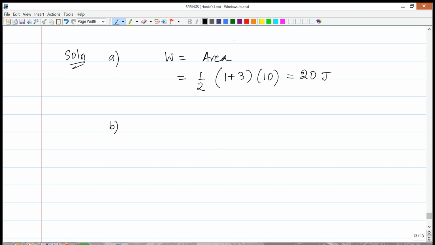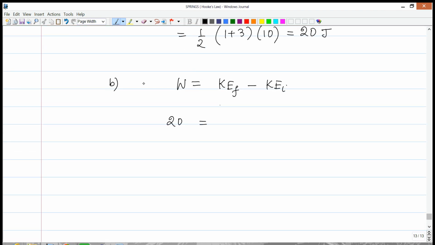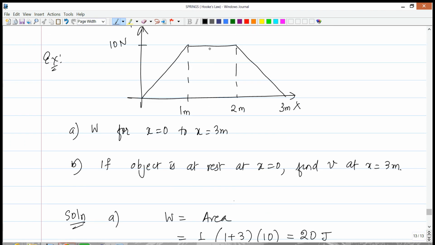Now part B, to find the speed at the 3 meter mark, we're simply going to go to our work kinetic energy theorem. We know that the work done is 20 joules. The final kinetic energy, I forgot to give you the mass of the object. Let the mass of the object be 2 kg.